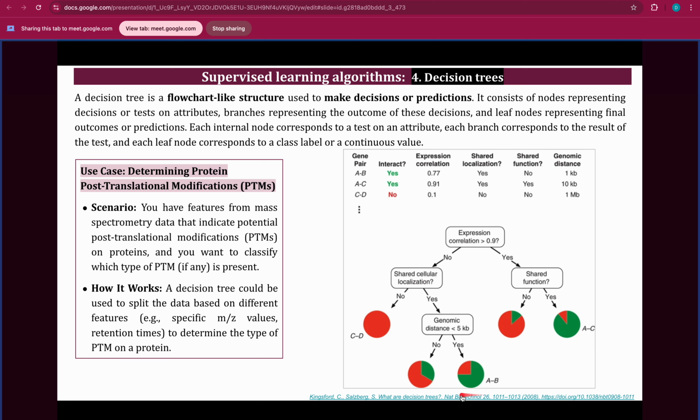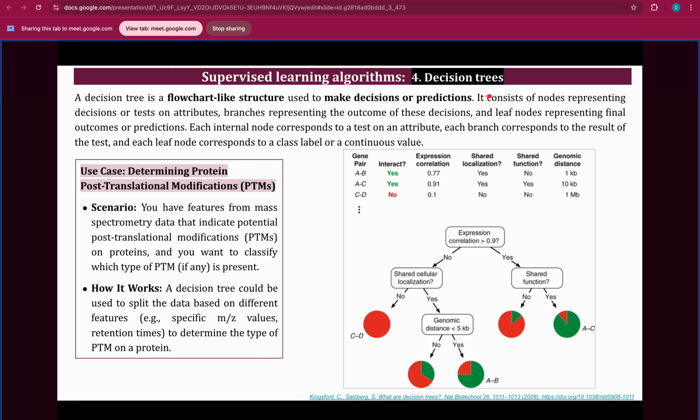Now if you get any new gene pair, then you will be able to predict that if their expression is greater than 0.9, whether they will share a function or not, on the basis of the data you have. So if the yes count is high, then next time whenever you find the expression correlation greater than 0.9, you will directly say that the probability of them sharing a similar function will be high.